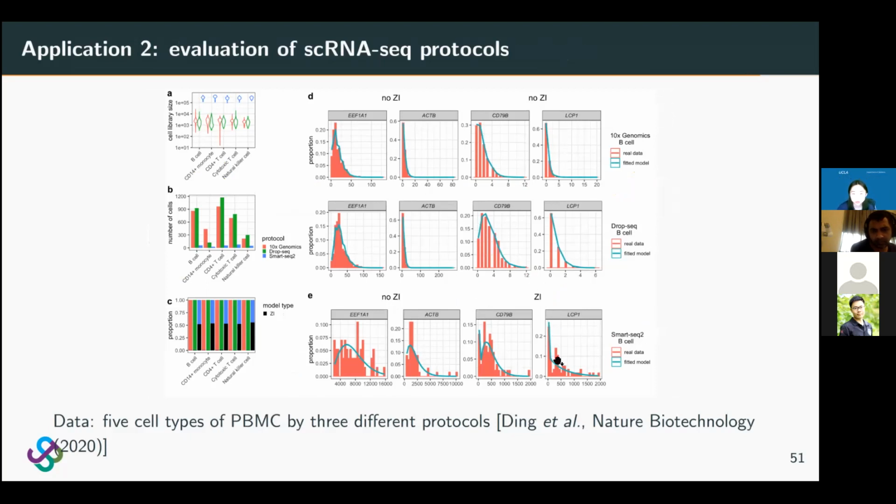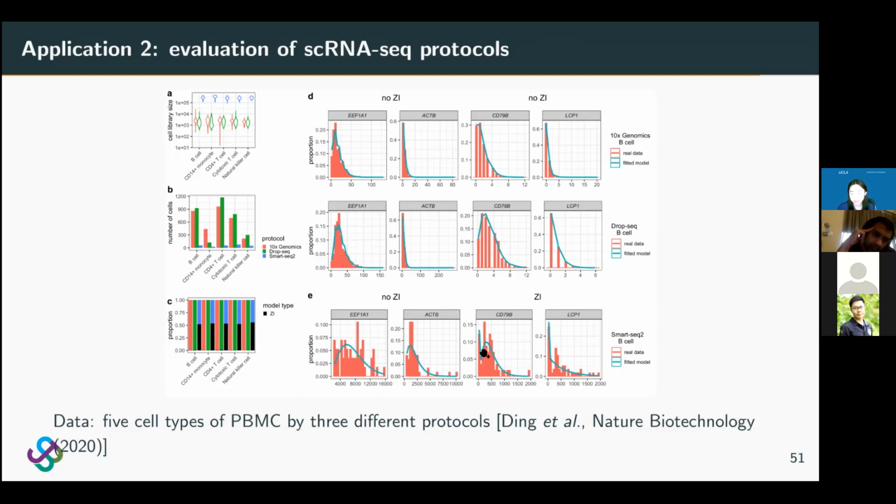We want to show that the model choice in our scDesign2 reflects interesting results. First of all, we can use the model selection to see how many genes are selected to be zero inflated and how many are not. And clearly we see for 10x genomics and Drop-seq, almost no genes are selected to be zero inflated, while for SmartSeq2, half of the genes are selected to be zero inflated.